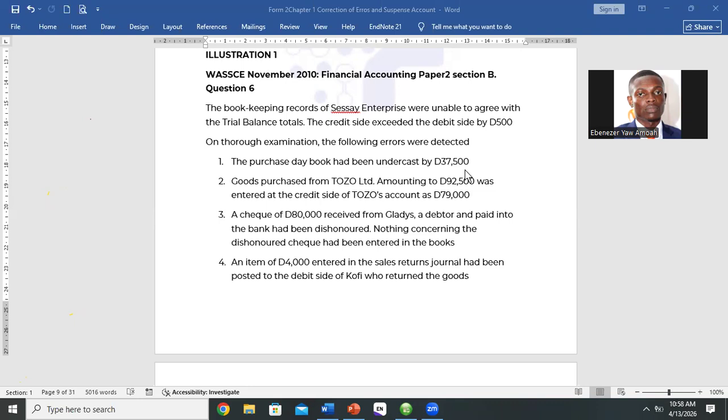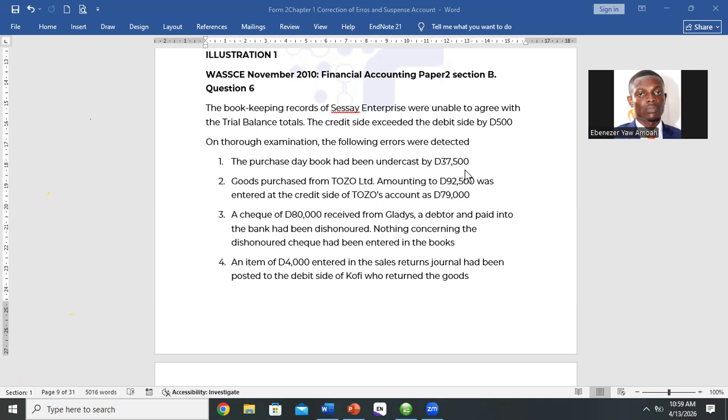We said that if it's an undercast, first, what is the thing that has been undercast? Purchases. And purchases has what balance? Debit. So if purchases has been undercast and we want to correct it, we'll debit purchases and credit suspense, because we know casting errors will affect suspense. So a corresponding entry will go into suspense.